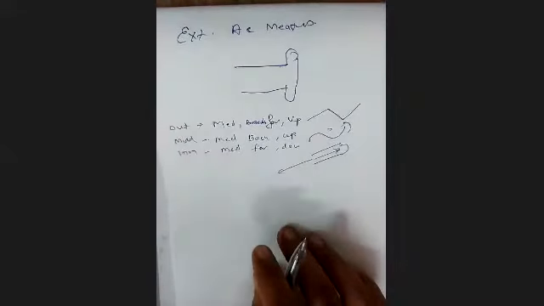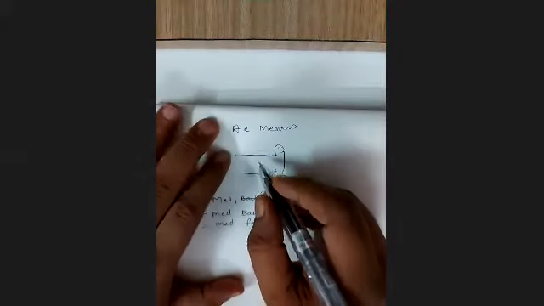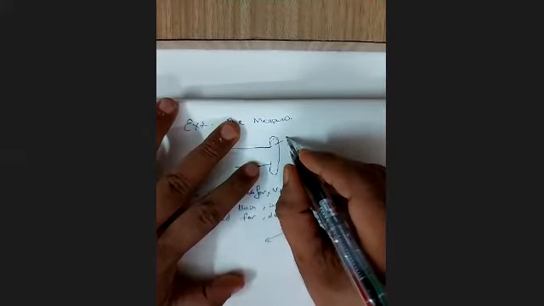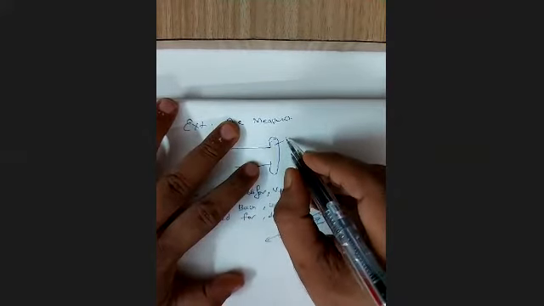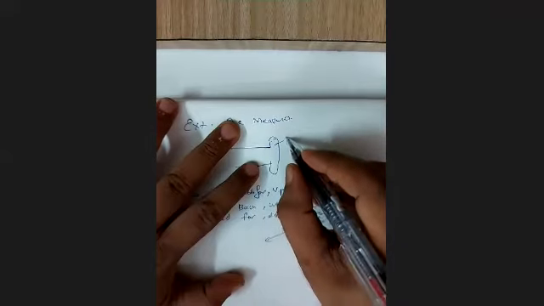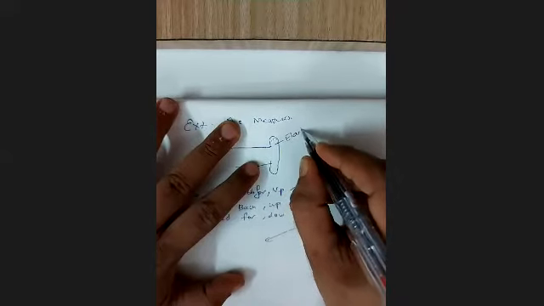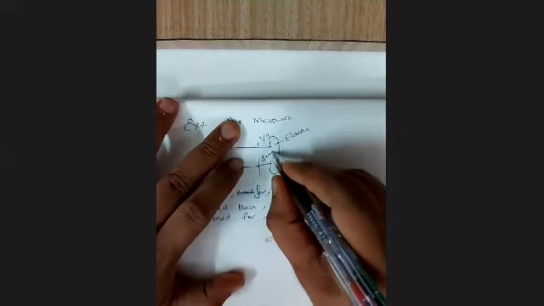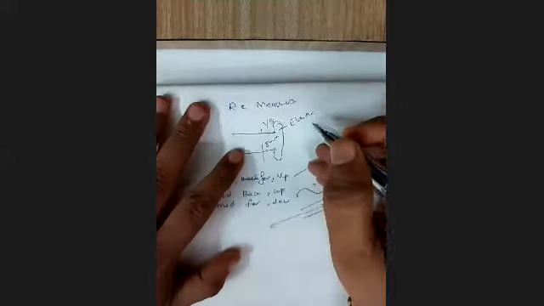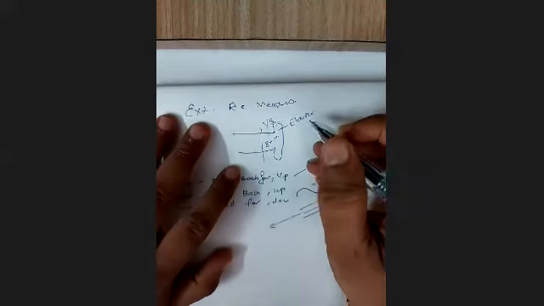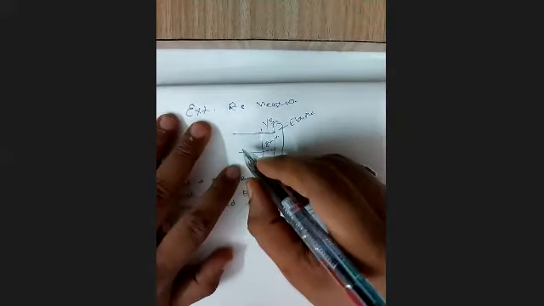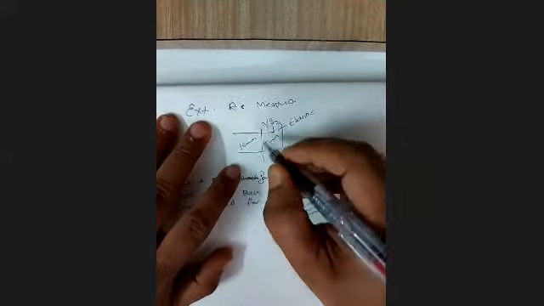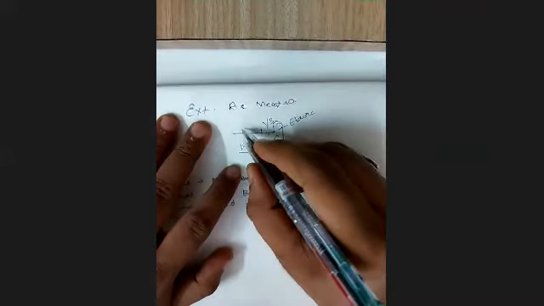Okay. Now this pinna is made up of elastic cartilage, and therefore the lateral one third or 8 millimeter of the external acoustic meatus is also made up of elastic cartilage, while the inner 16 millimeters is bony.